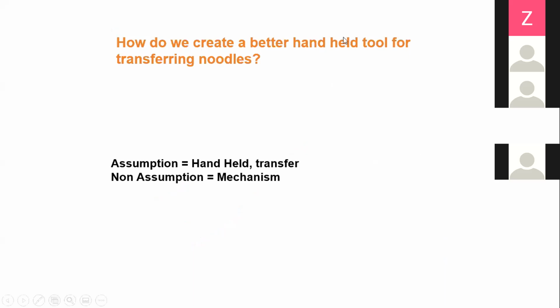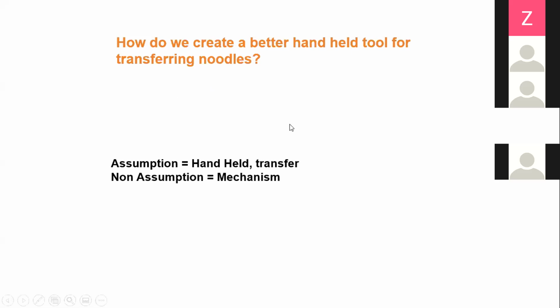So it is handheld, all right. And it will be transferring, okay. So from one place to the other, I have to transfer noodles, all right. But what we don't know here is how will we do that? So now we have a lot more scope.